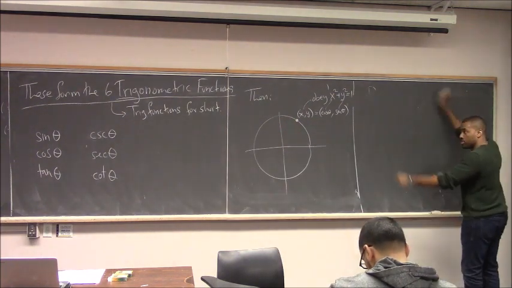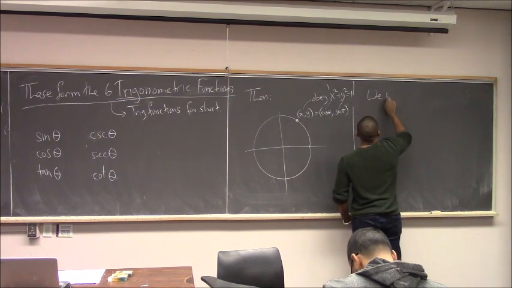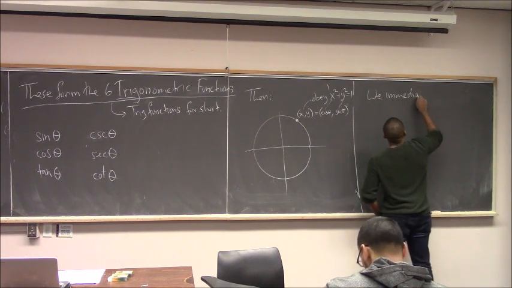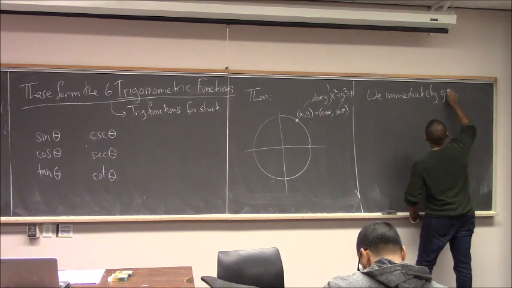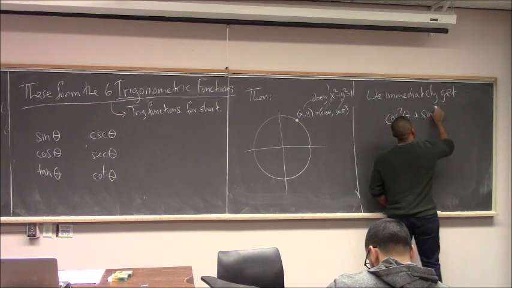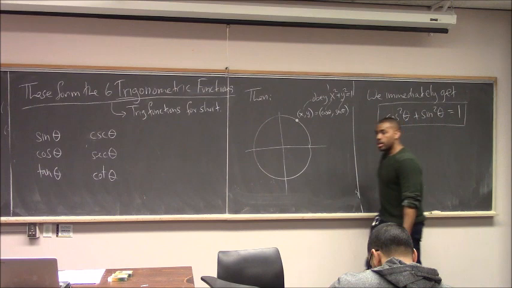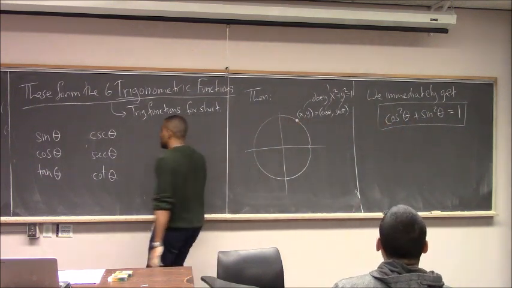How do the two main functions relate to each other? We immediately get cosine squared plus sine squared equals 1. It's a very important equation. It's called the Pythagorean identity.